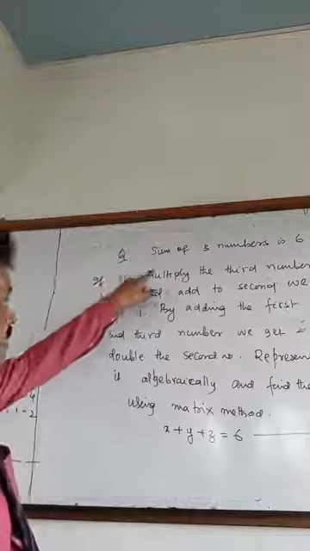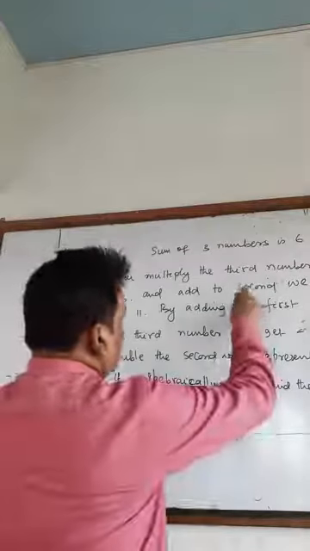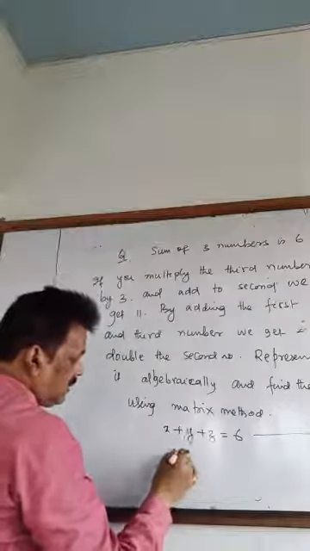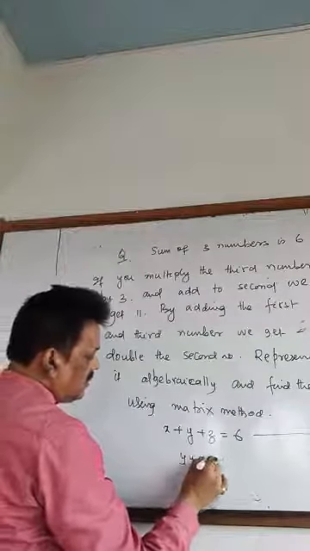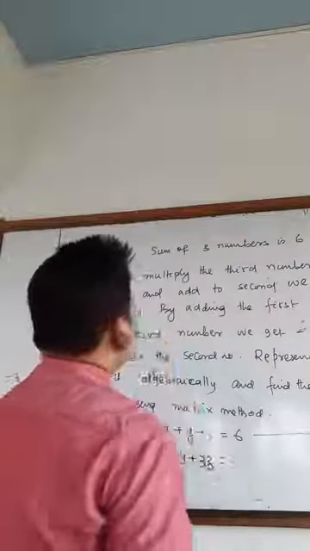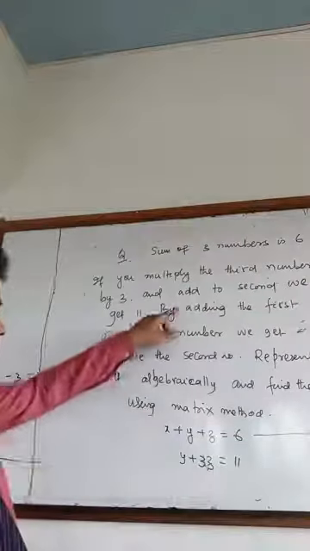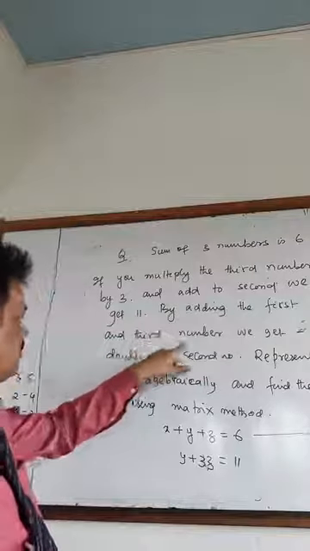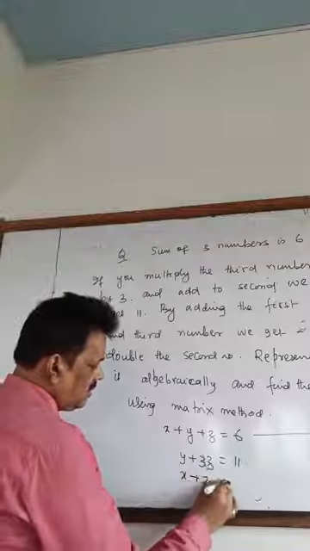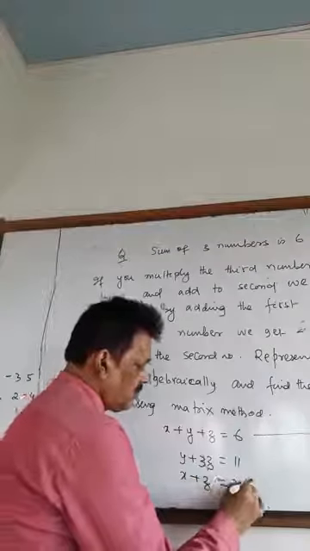If you multiply the third number by 3 and add to second, second means y plus 3z equals to 11. Then by adding the first and third number, x plus z, we get twice, double the second number, means 2y.